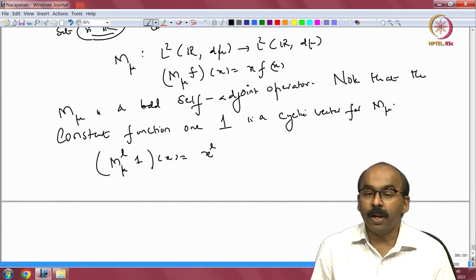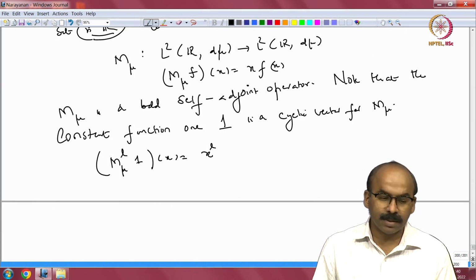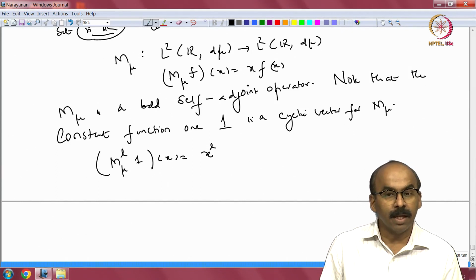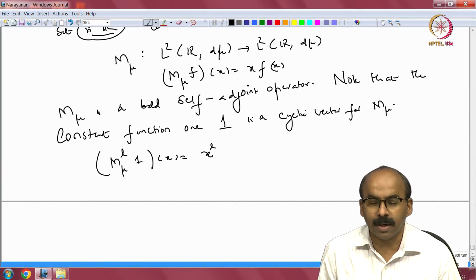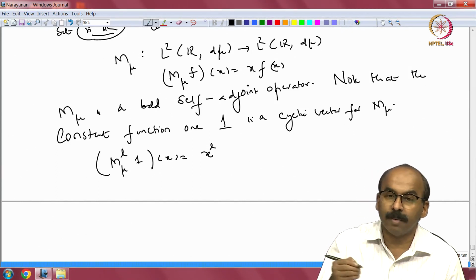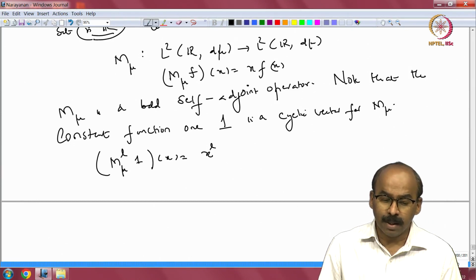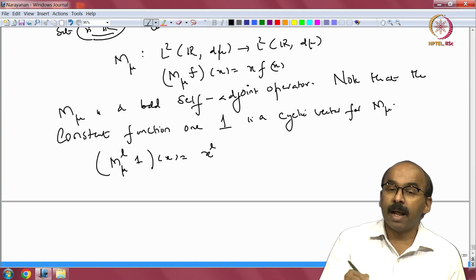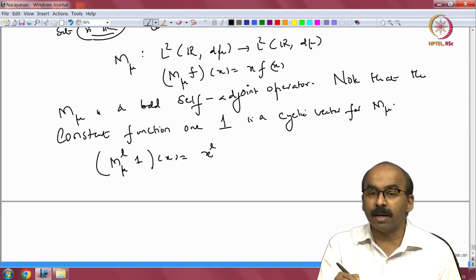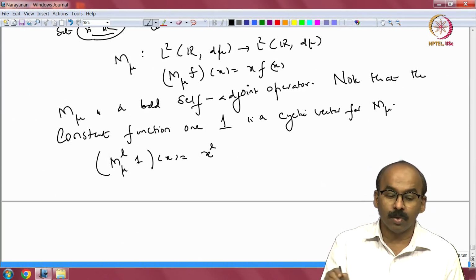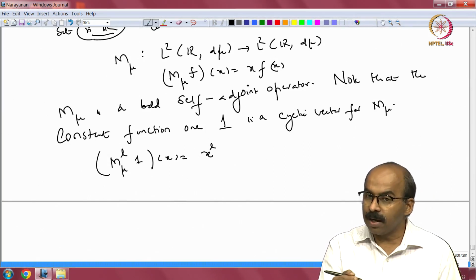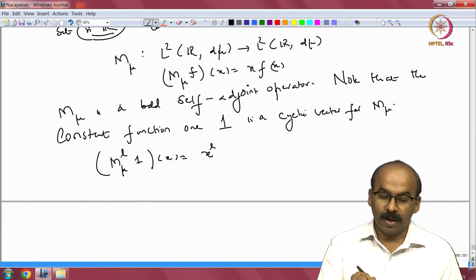So, if I get all polynomials in x and the compact set is inside the real line, I have all continuous functions by taking uniform limit, right, but it will converge in L2 as well, mu is a finite measure and all that. So, I will get all continuous functions when I take the span closure with respect to the L2 norm, and continuous functions are dense, and so m mu L acting on 1, if I take the span of that, it is going to be all of L2, right.